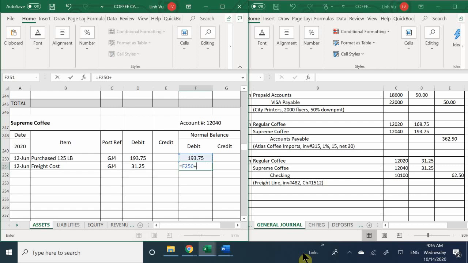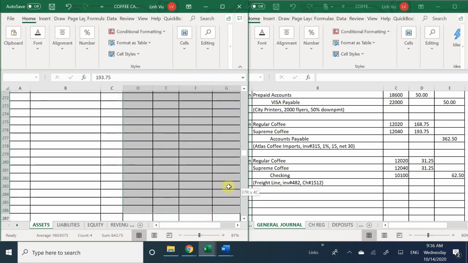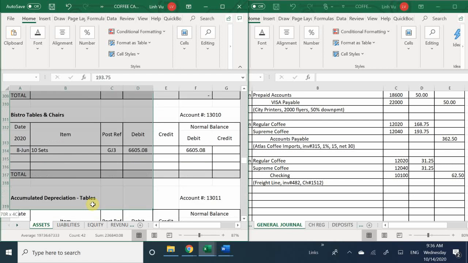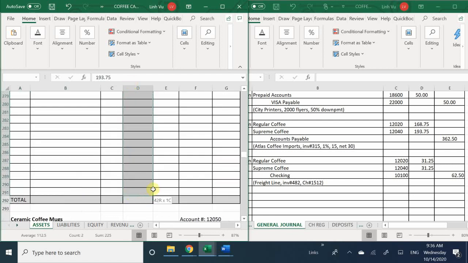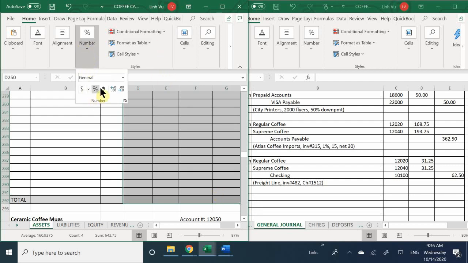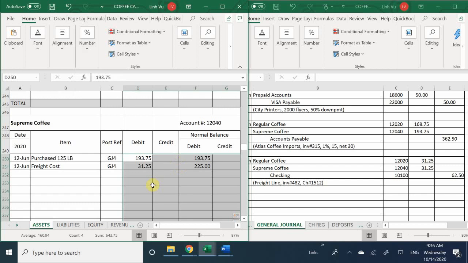We're going to go up one to get the current balance, add any debits, and subtract any credits to give us a new running balance of $225. There you go.